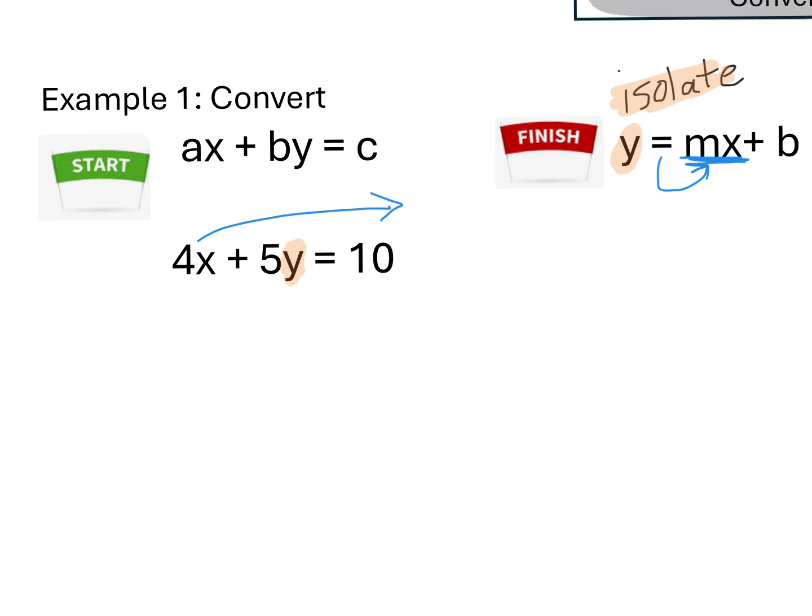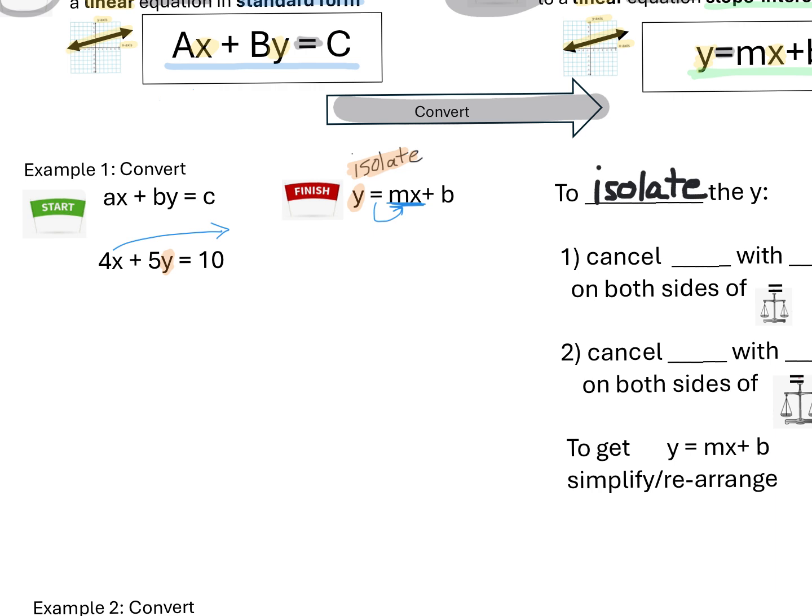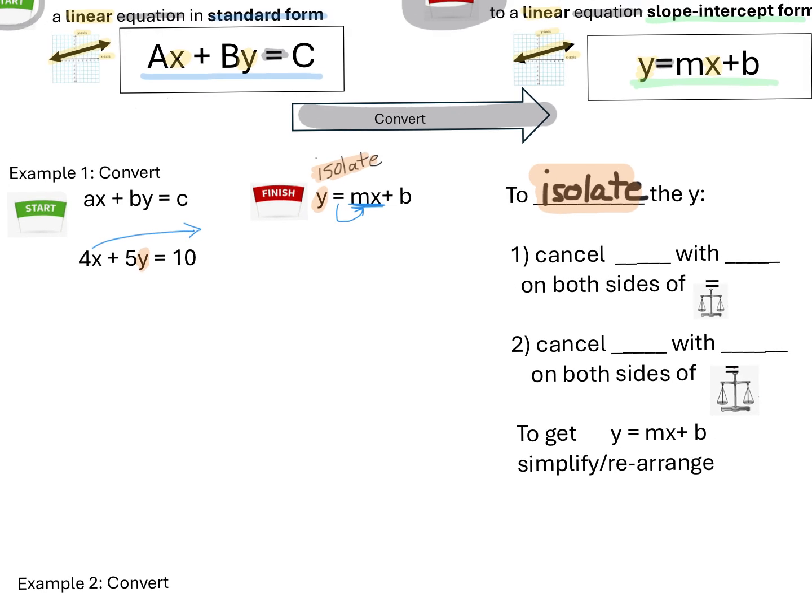So in order to isolate that y value, I'm going to need to cancel that 4x that is over here on the left-hand side of the equal sign.